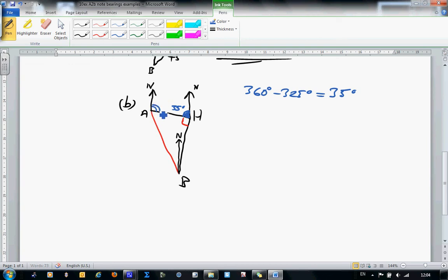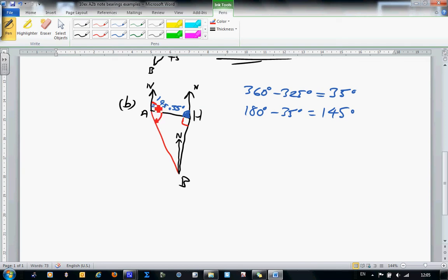What we're trying to find is this angle here. This is the bearing that we're looking for, which is the bearing of B from A. I hope this is clear. It's clear to me. We shall see when you give me some feedback on it, and we'll take it from there.